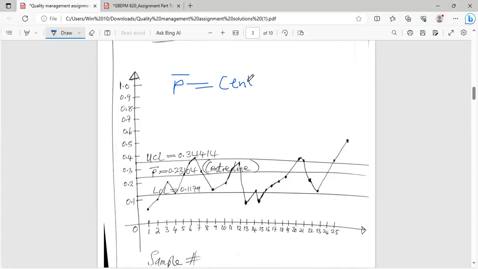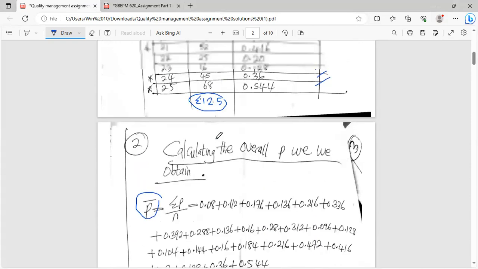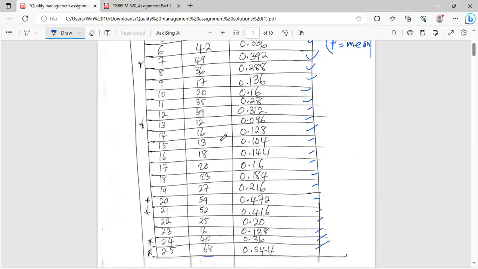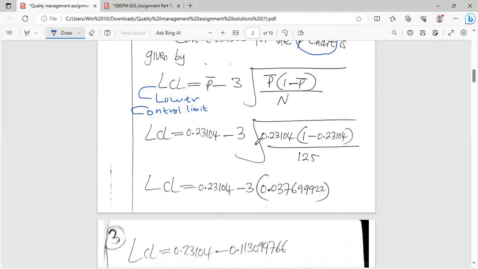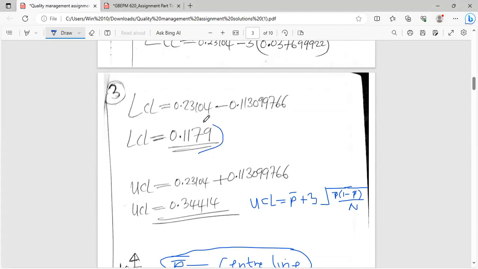Our upper control limit is 0.34414 and our lower control limit is 0.1179.